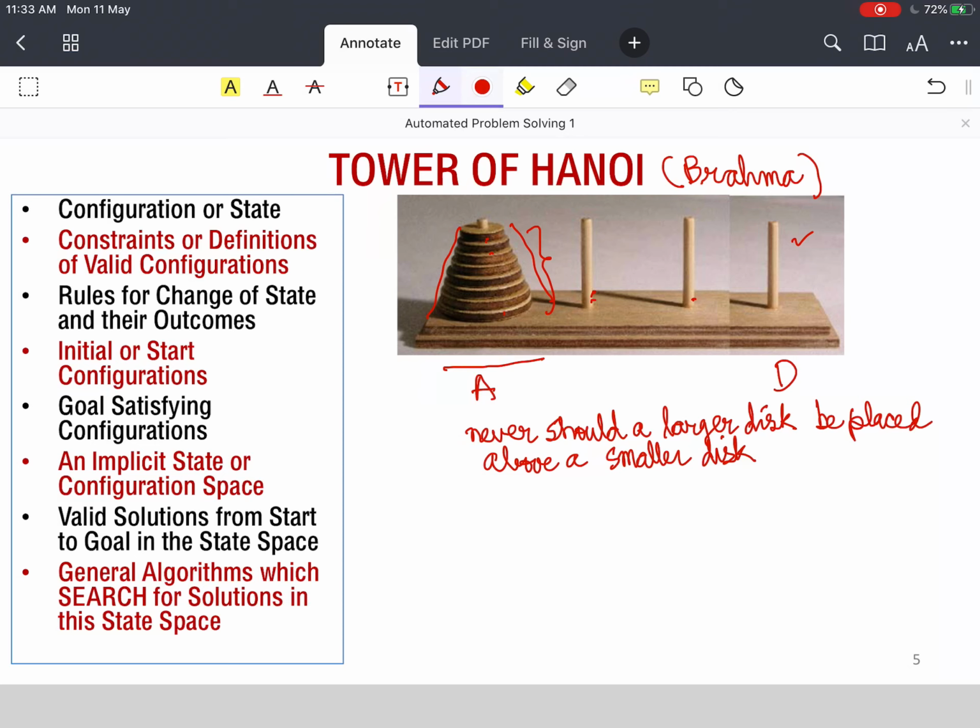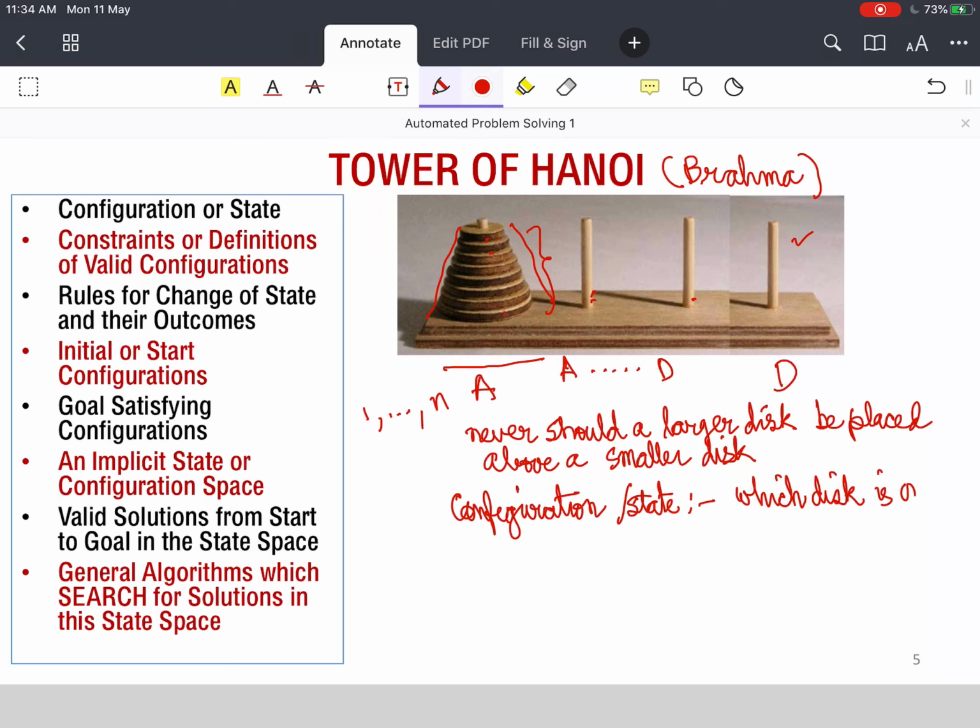The configuration or state tells us that if there are disks numbered 1 to n and there are pegs numbered A to D, then the configuration will tell us which disk is on top of which disk on which peg.